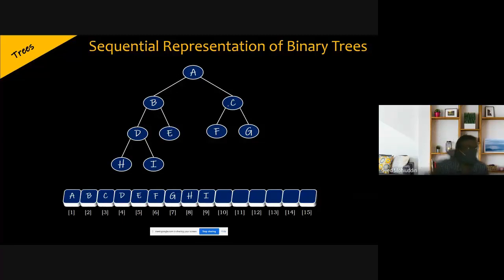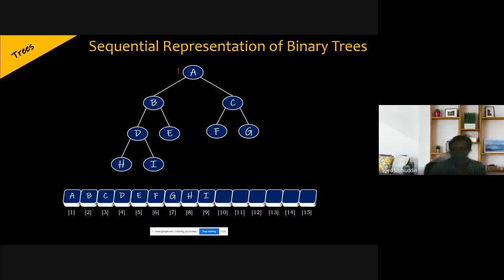Now we can use arrays as well as linked lists to represent binary trees. Let us first look at how to represent using arrays, that is sequential representation, using sequential memory locations. We will start numbering the nodes from top to bottom, and in each level from left to right. So we start with A, numbered 1.